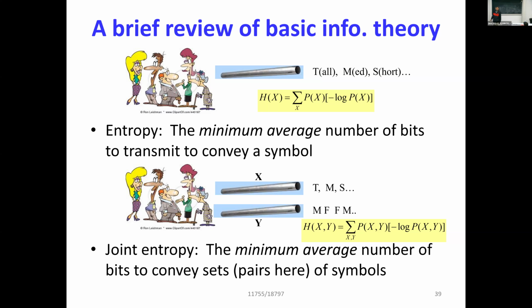Everybody with me? Which is simply going to be the summation over height and gender, P of H comma G, log of 1 over P of H given G. This is just what the arithmetic works out to be.